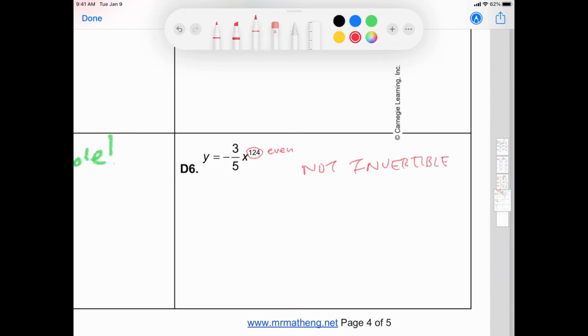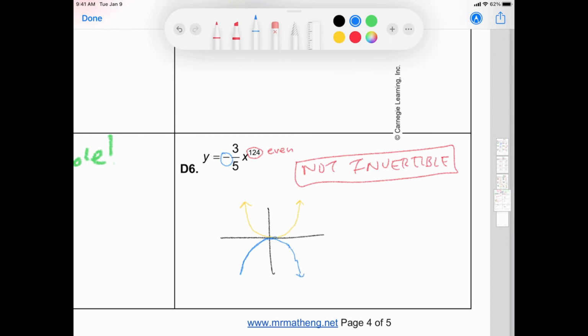Now we're not supposed to do it by graphing, but I do want to show you a visual. If you graph this, evens, the easiest even we know is x squared. But this one has a negative, so it's going to be going down.